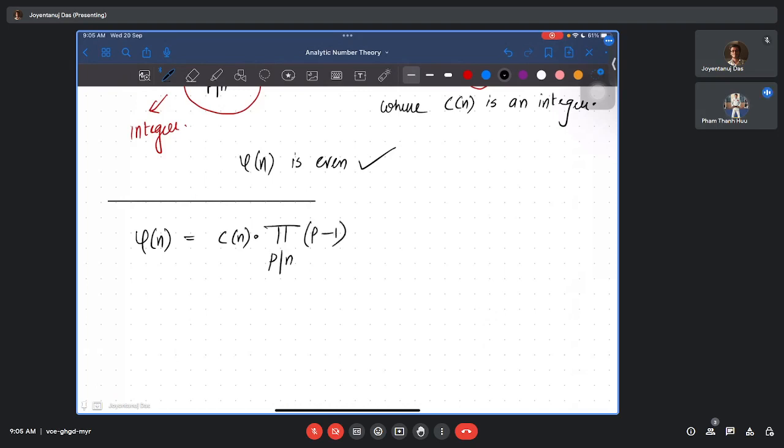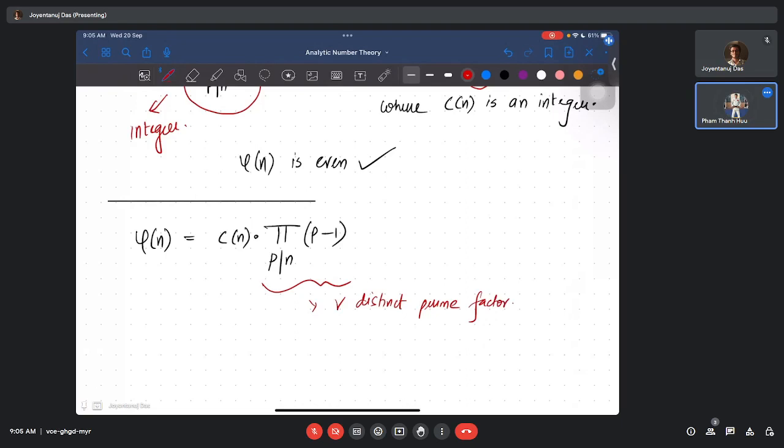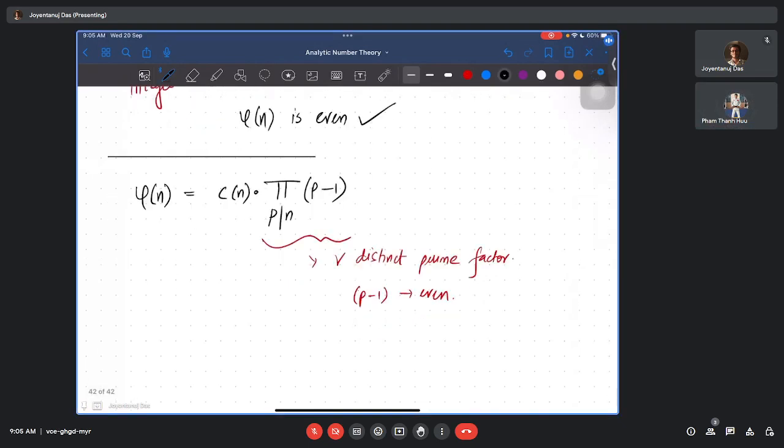If there are r distinct prime factors, then for each of them p minus 1 is even, so I can factor out a 2 from each of them.